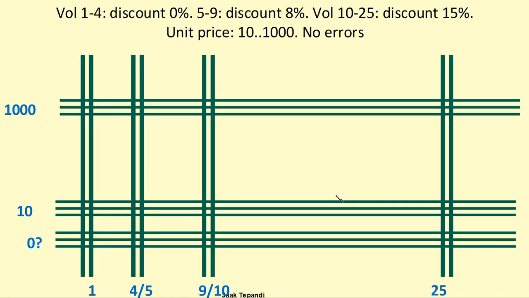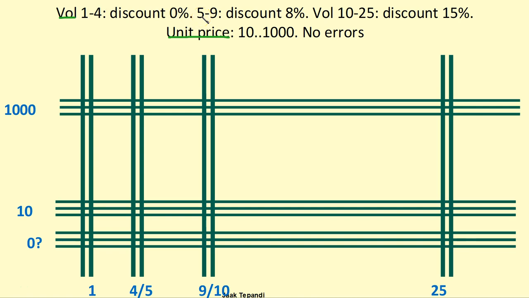Here is an example. We have two inputs here. These are volume and unit price. And the output is batch total price. Depending on the volume, there are different discounts. So for volume from 1 to 4, discount is 0.